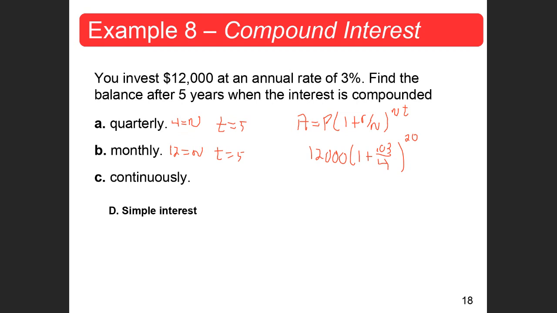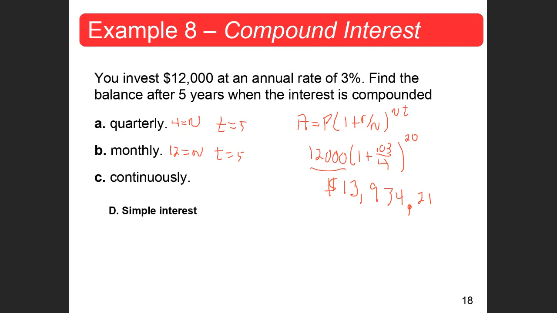If I had a graphing calculator, it would be a lot easier, I could just plug the whole thing in. So I ended up with $13,934.21.